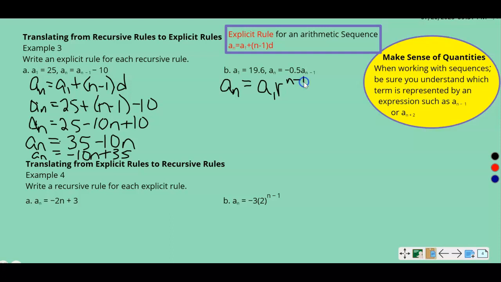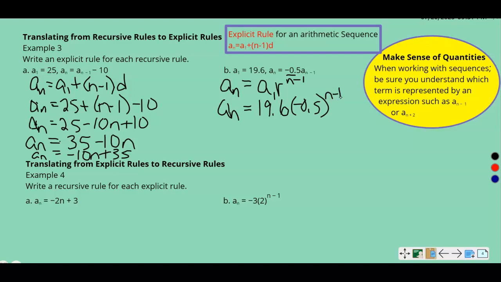All right, so now I have my first term. So I'm going to have A sub n. My first term is 19.6. And then I'm going to have that times my common ratio. My common ratio is in this part of the equation here, so negative 0.5. And that's going to be raised to the n minus 1 power.